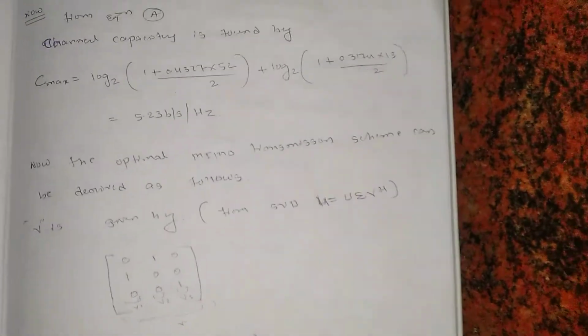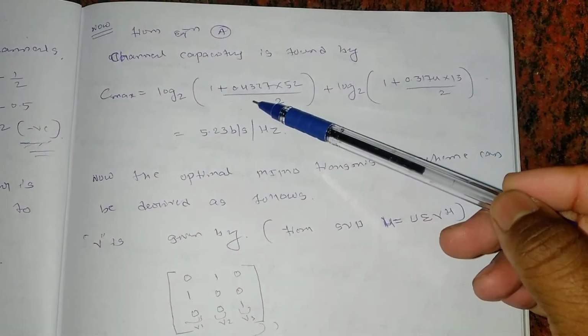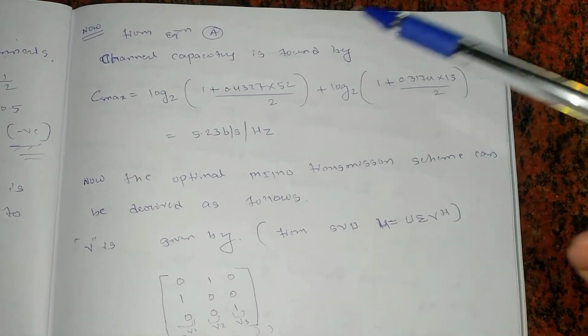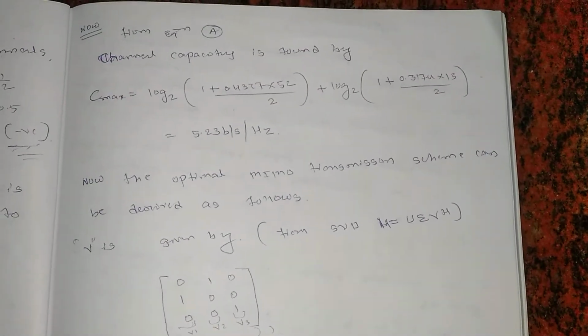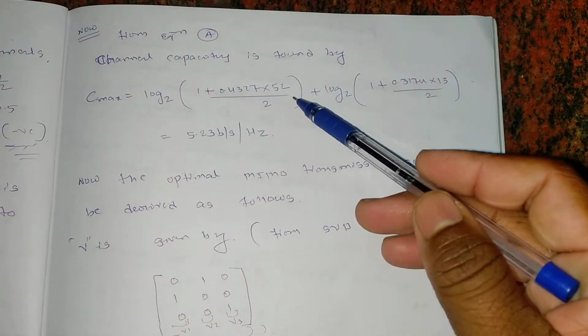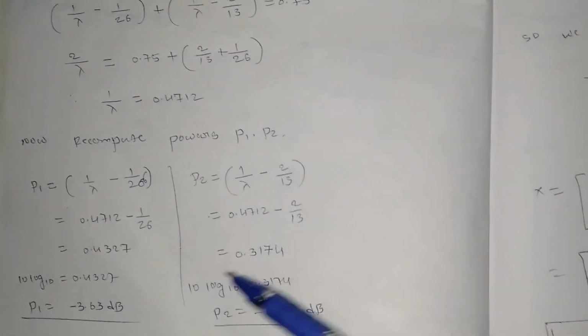So now I will find out the total capacity here. You can see C maximum is 1 plus 0.4327 into 52. That is basically 1 plus the power allocated for the first one, P1 into 52 by 2, log base 2 of that. I'm writing from this one here.